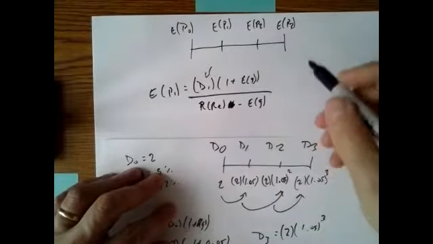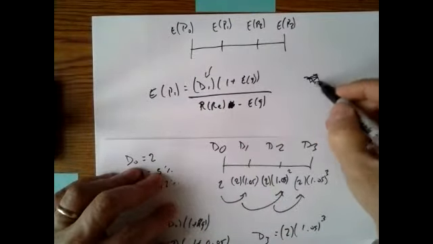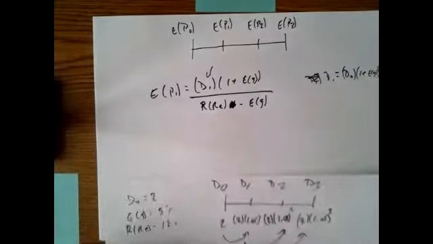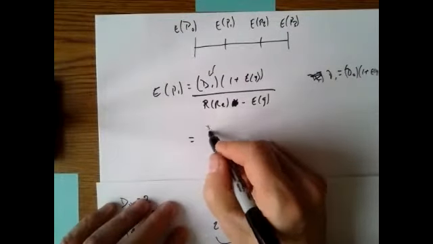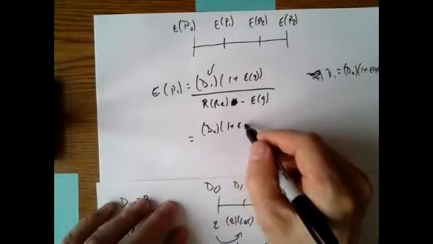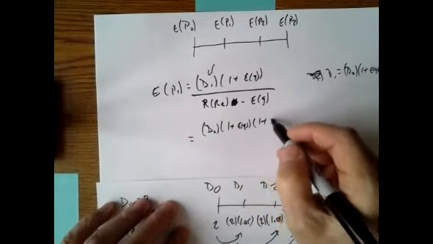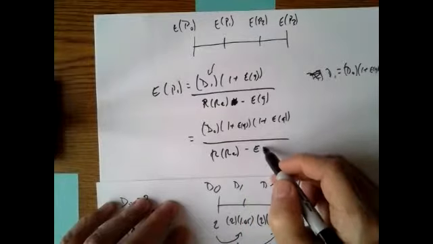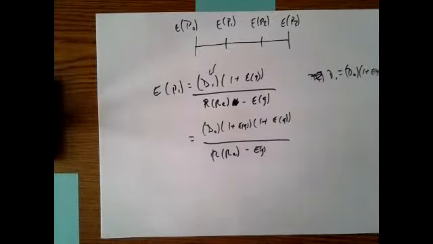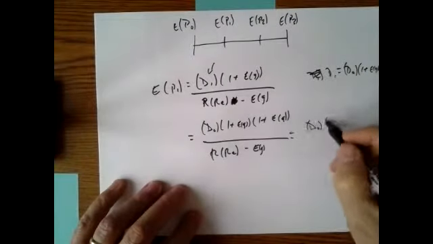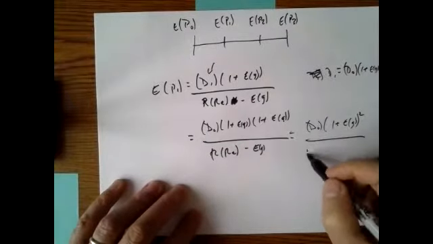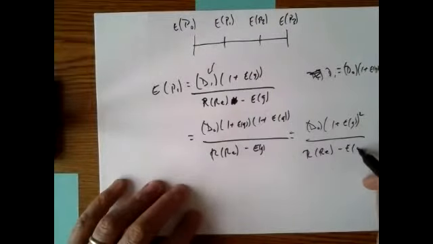D1 is D0 times 1 plus EG, so this is D0 times 1 plus EG times 1 plus EG, divided by RE minus EG, which is D0 times 1 plus EG squared over RE minus EG.